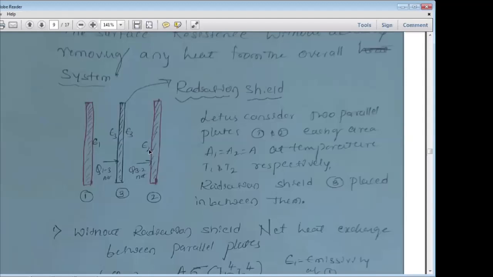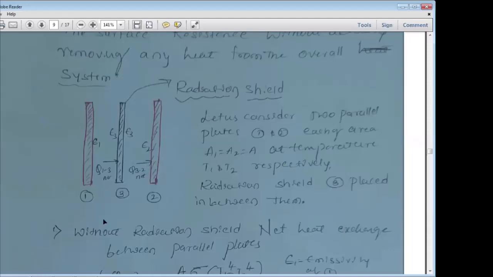First, heat transfer takes place from plate 1 to the radiation shield. Then almost all the heat transfer is stopped here. Again heat transfer takes place from 3 to 2.